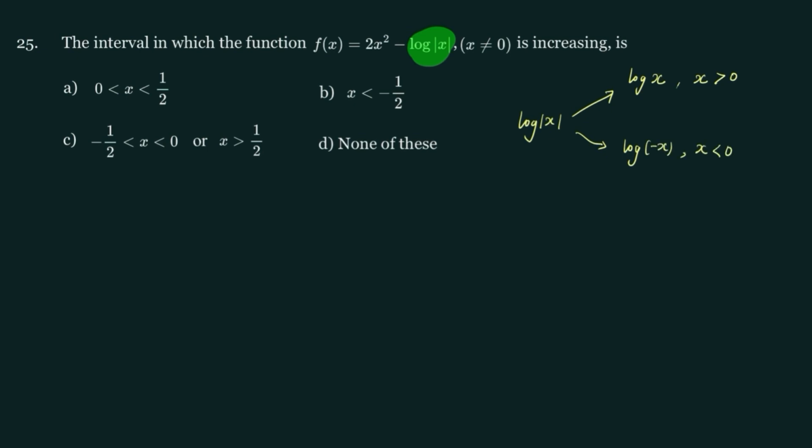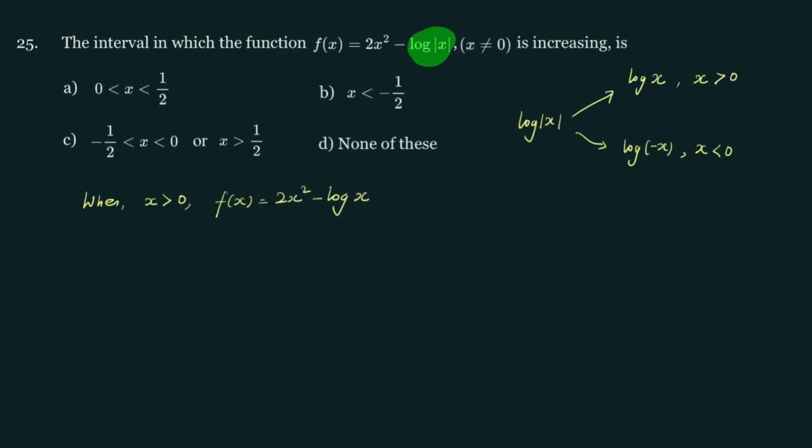So when x is greater than 0, we will write the function separately, and when x is less than 0, we will write the function on the other side. So here, when the value of x is greater than 0, then my function f(x) equals 2x square minus log of x.